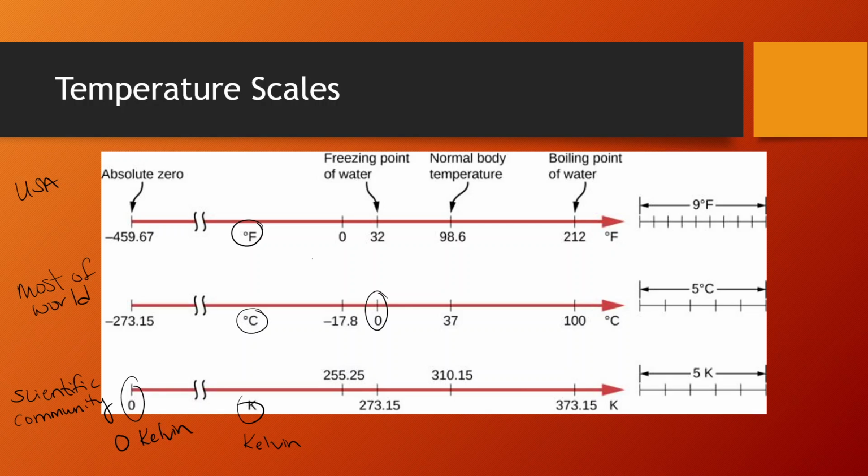And so we need to get those values and be able to convert to Kelvin in order to make our scientific calculations based on that unit. Kelvins is also an SI unit. This is a standard unit that the science community uses, much like meters, much like kilograms, and so forth.